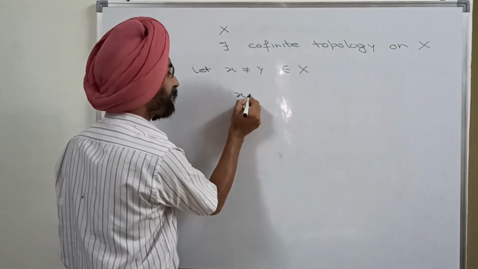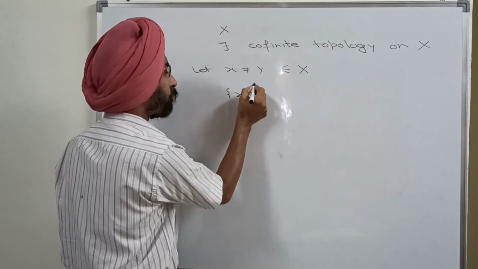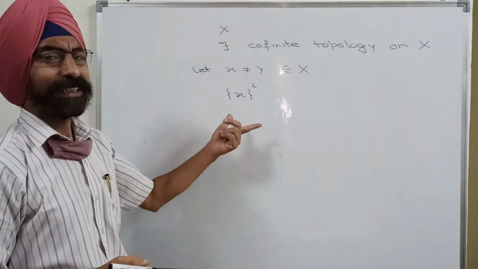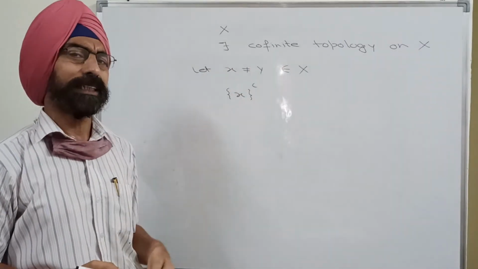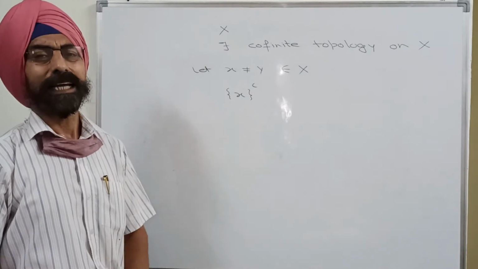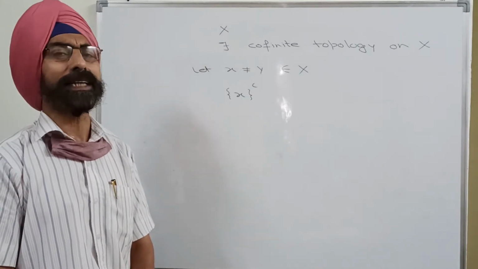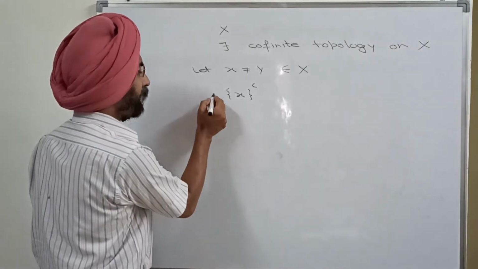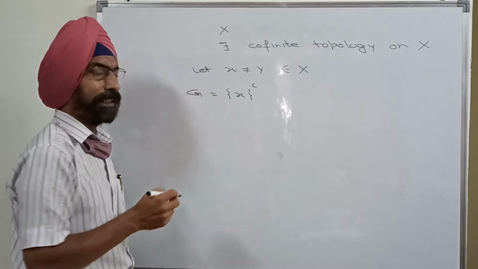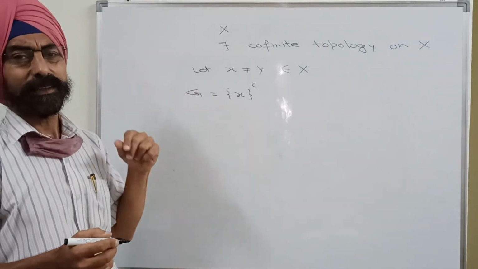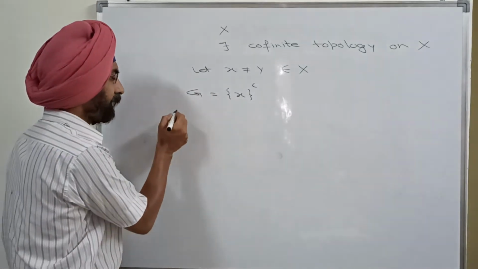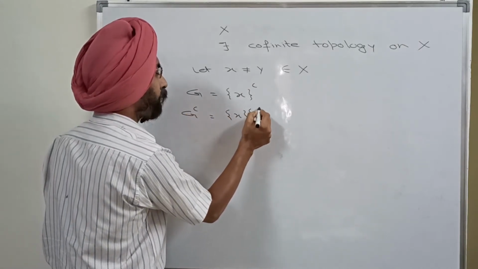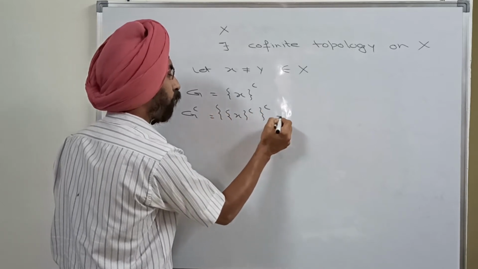Look at the singleton set {x} and take its complement now. A set in cofinite topology is open if and only if its complement is a finite set. I am naming this set as G. Now look at the complement of G. G complement means the complement of the complement of {x}.